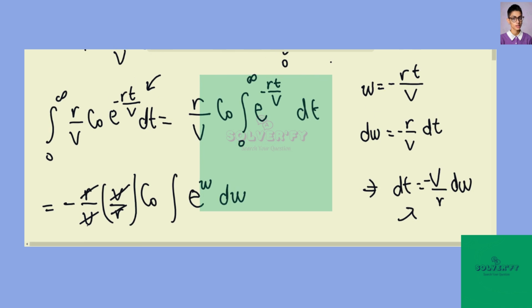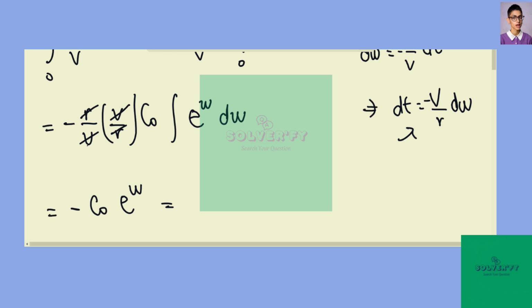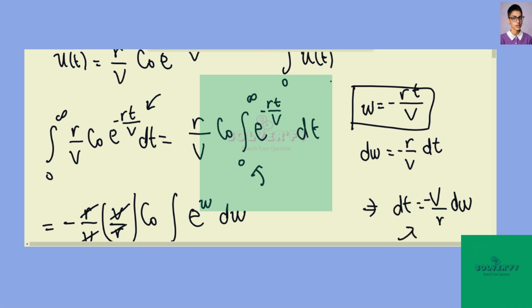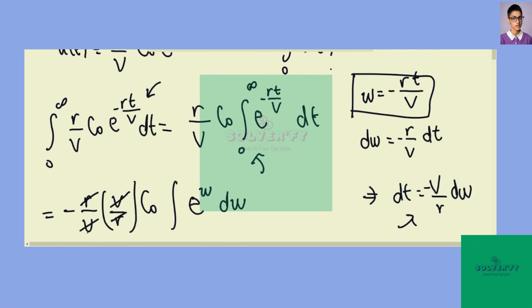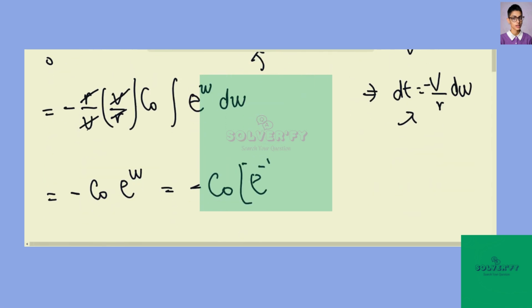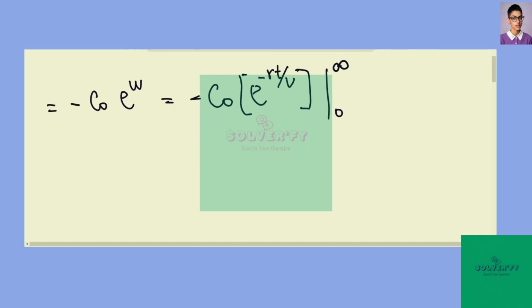And we need to know what w is. So w is this in here. We just put that, and we need to evaluate it in the initial interval, which is 0 to positive infinity. W is minus r times t over V, from 0 to plus infinity.